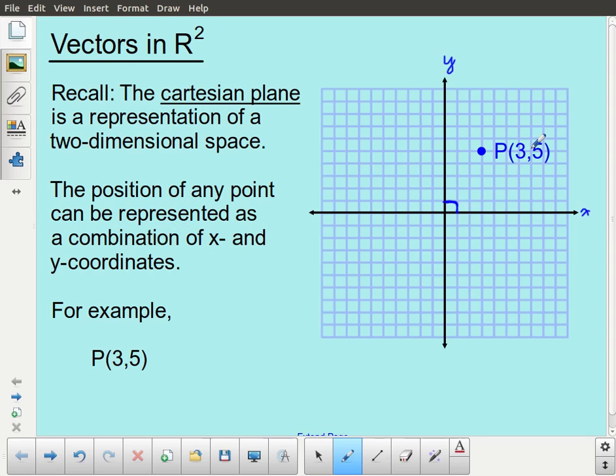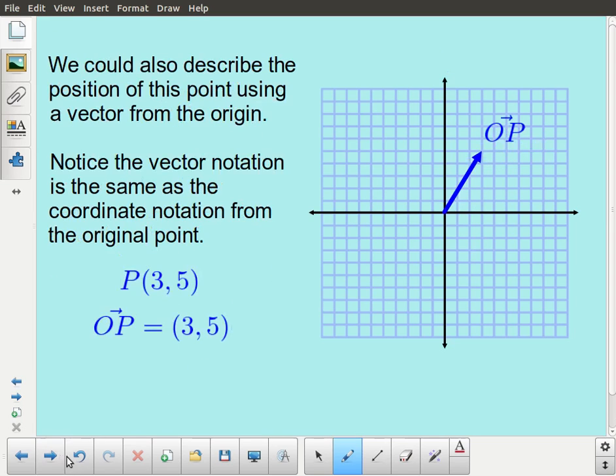So for example, here I've chosen the point (3, 5). I counted off 3 in the x direction and 5 in the y direction. That gave me that point. I could also represent that point and its location in terms of a vector, rather than counting 3 horizontally and 5 vertically.